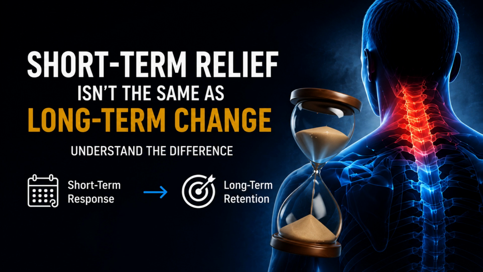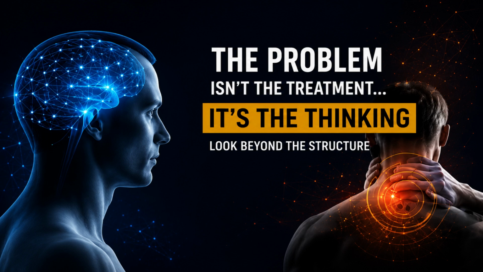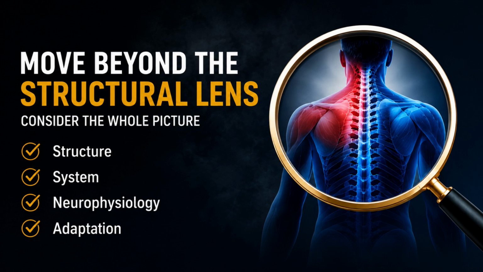Neck pain often has a variable and sometimes persistent course, with recurrence and incomplete resolution being common, as shown in systematic reviews such as Hush et al. 2011, Prognosis of acute idiopathic neck pain. This suggests that short-term improvement does not necessarily reflect long-term change, and that distinction is important because it shifts our focus from did the treatment work to was the change meaningful enough for the body to keep.